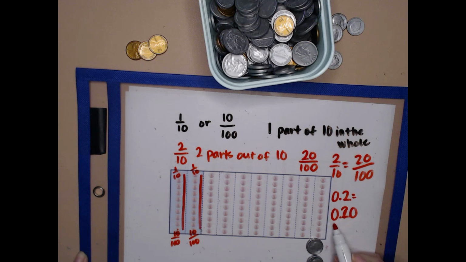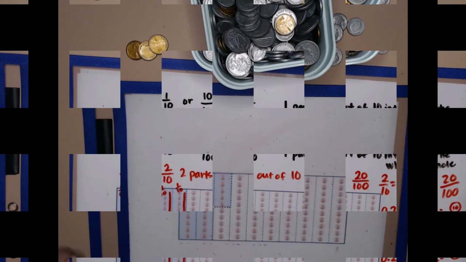But we would say 0 and 20 hundredths. 0 and 2/10 is the same as 0 and 20 hundredths. Remember, a hundredth is a penny. 20 pennies and a tenth is a dime. 2 dimes is equal to 20 pennies.